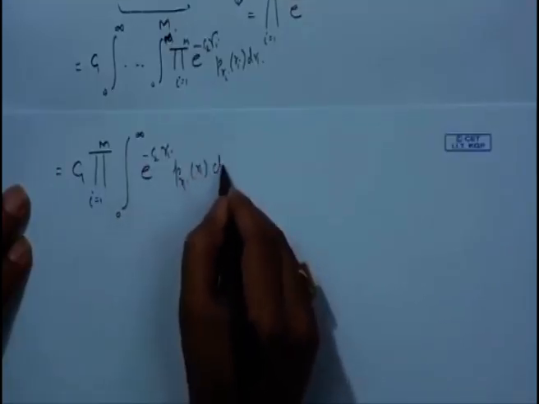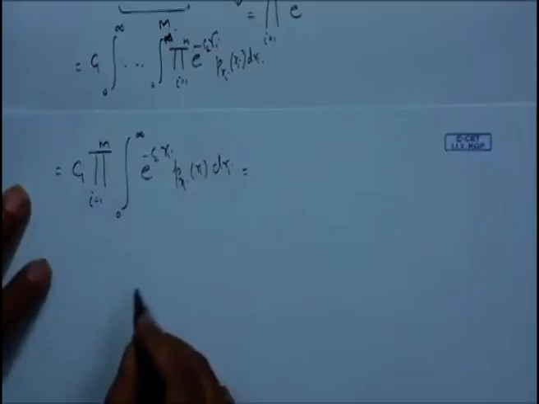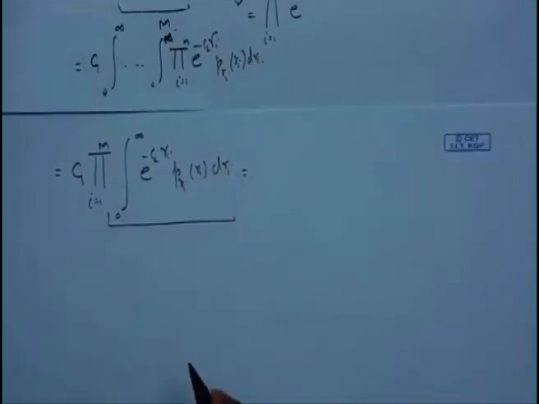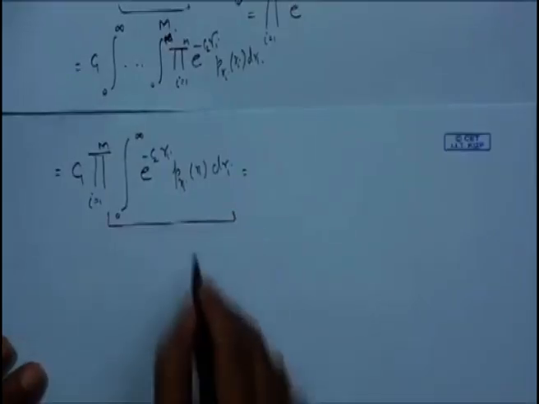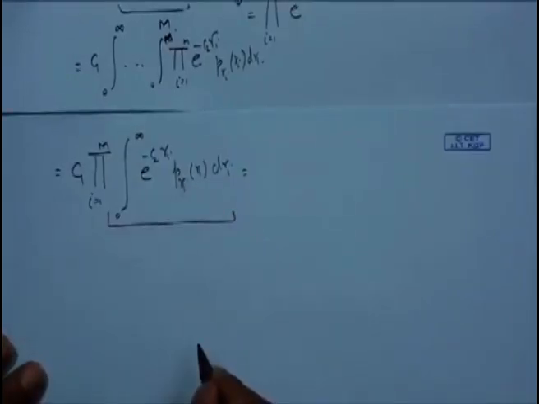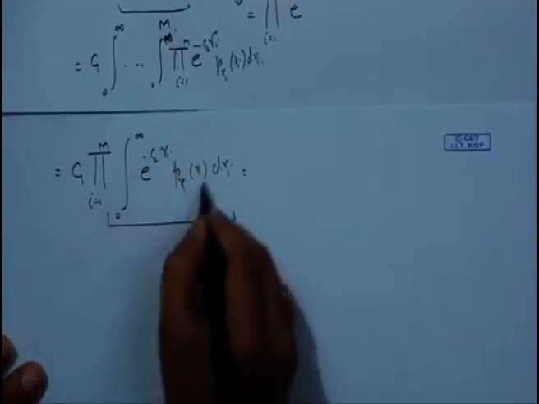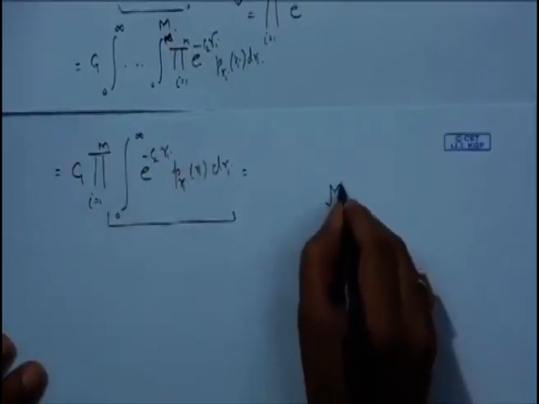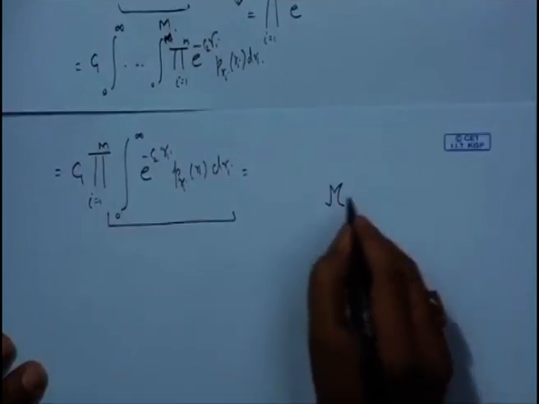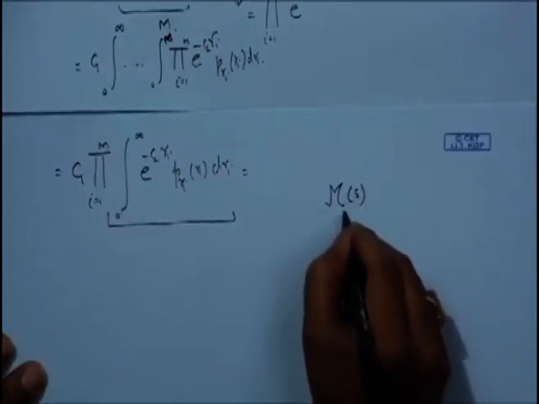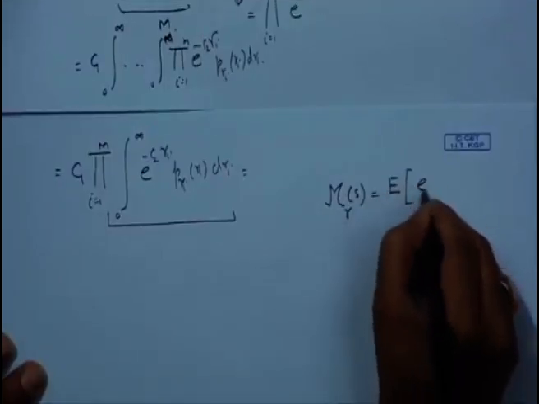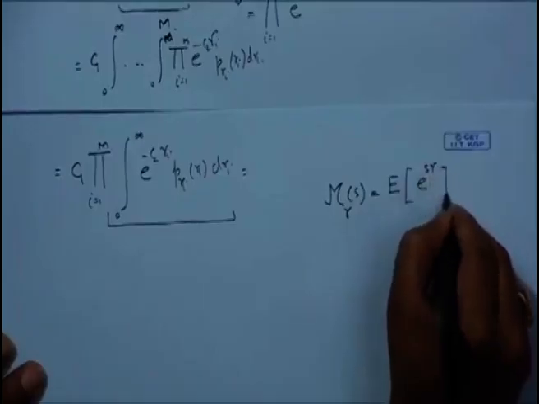There is no modification, and this particular expression, now if you observe, this is where we make the slight variation. The result is going to be the same, but the way we could do it is different. If you look at this expression, it reminds us of the moment generating function, where we say the moment generating function of gamma, let's say, is equal to the expected value of e to the power of s gamma.